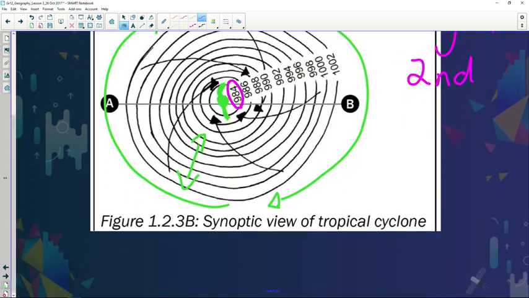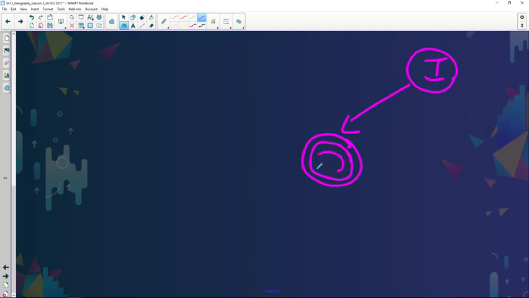Now, as the system moves from east to west, there's the initial stage, and as the system moves in the westerly wind belt, very importantly, the southwestern quadrant, this area over here, will experience the worst weather.